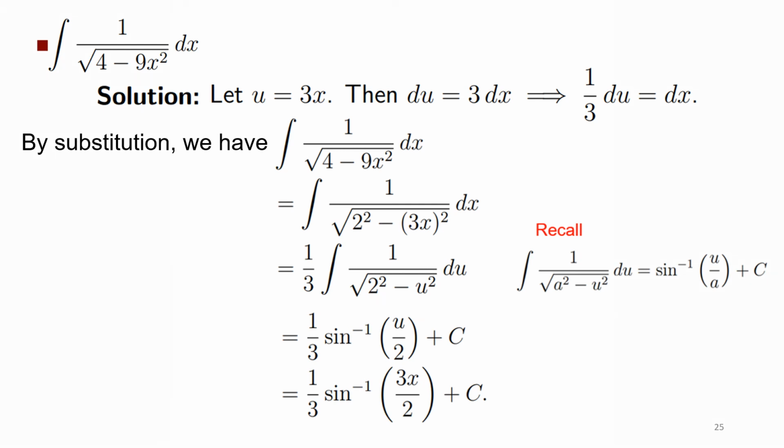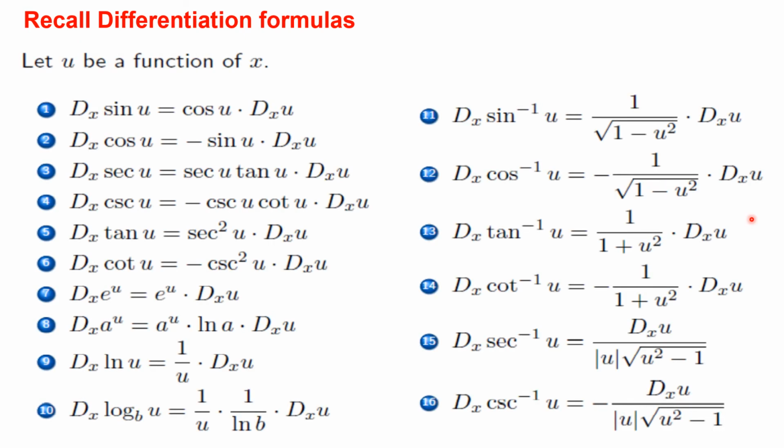So do not forget, now recall your differentiation formulas, because we know that the integral is simply anti-differentiation. I mean to say the integral is simply the inverse process of differentiation. So do not forget your differentiation formulas, which are given as follows.